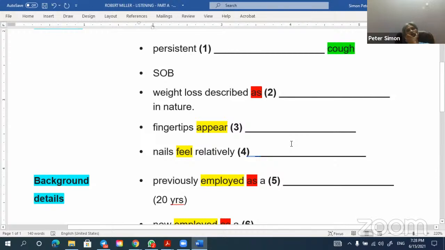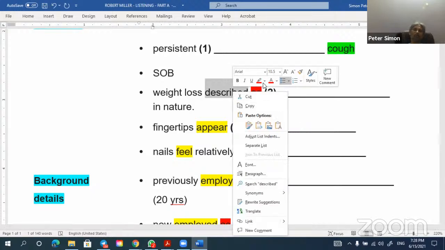And then here the word is described. Described is the key. It is the key here.